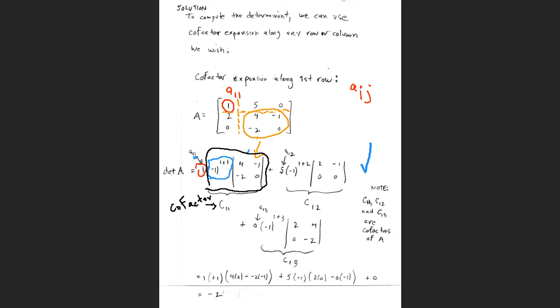We're doing cofactor expansion. Now, there are going to be three cofactors. Are there any questions so far? Okay. Well, then let me erase this and get to the next cofactor.